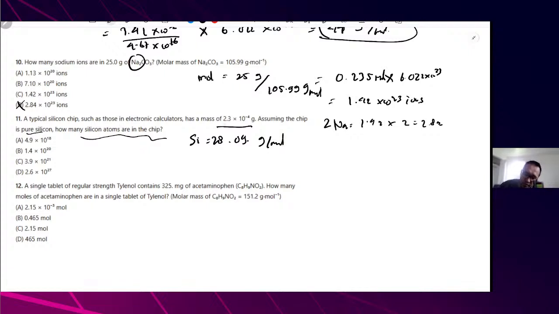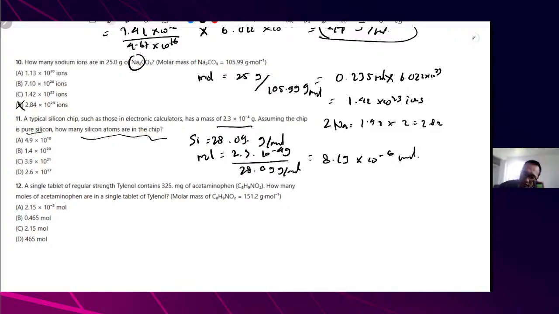So mass is this one, and then we need to determine the mole. Mole is 2.3 × 10^-4 grams divided by 28.09 grams per mole, and we ended up with around 8.19 × 10^-6 mole.